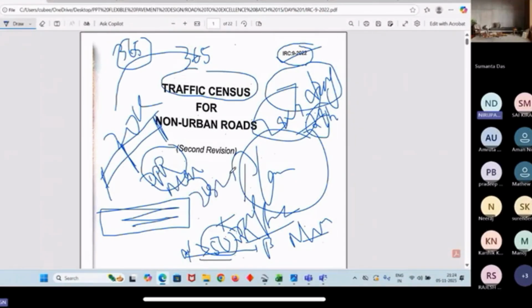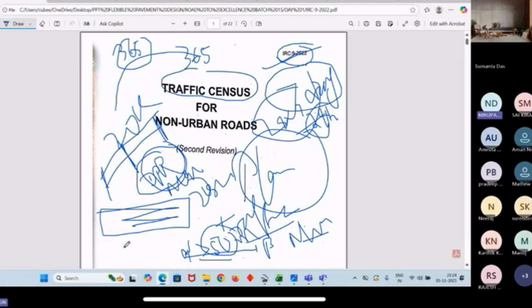This is as per the IRC, this IRC 9. If you are working in the planning stage or the cost estimation stage, then 2 times traffic survey you have to do before submitting the detailed project report.